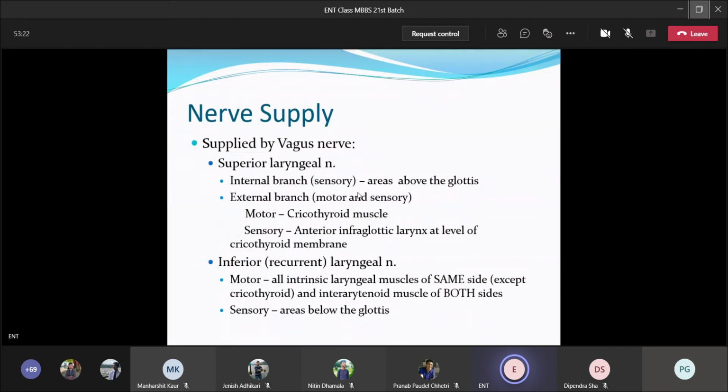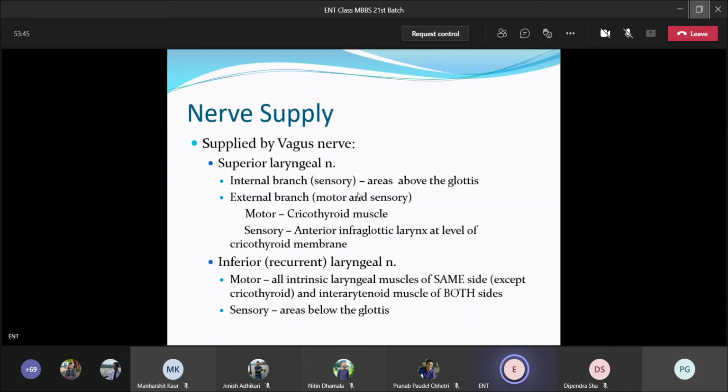Inferior laryngeal nerve: motor to all intrinsic laryngeal muscles of the same side except cricothyroid, and the interarytenoid muscles of both sides, and sensory to areas below the glottis. This is the nerve supply of the larynx.